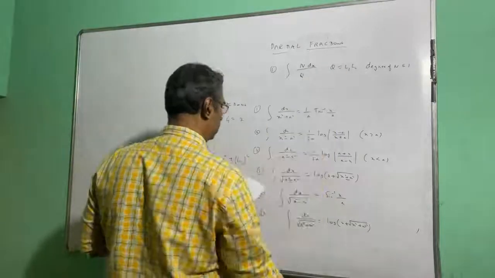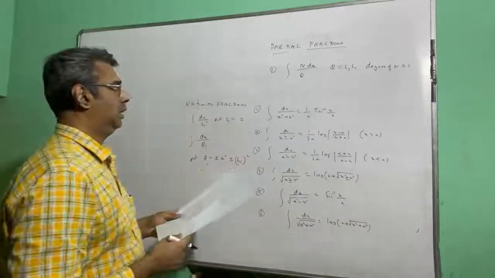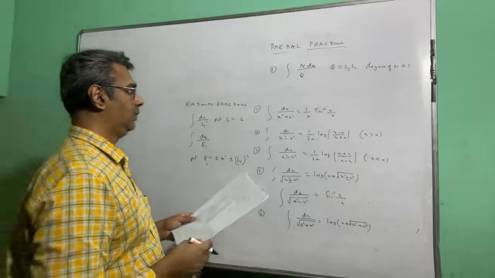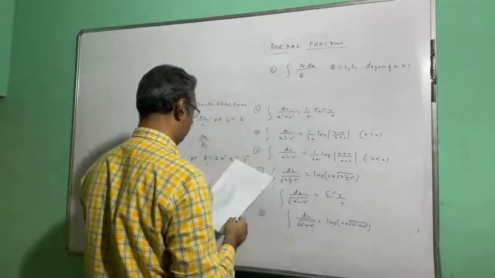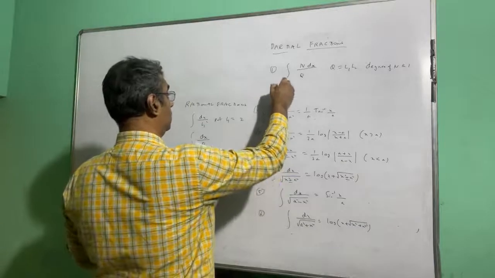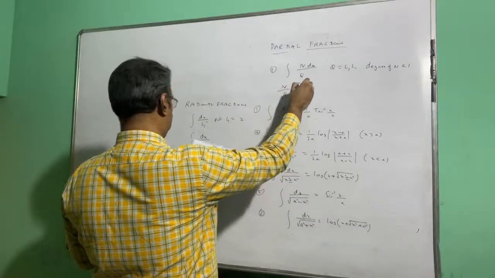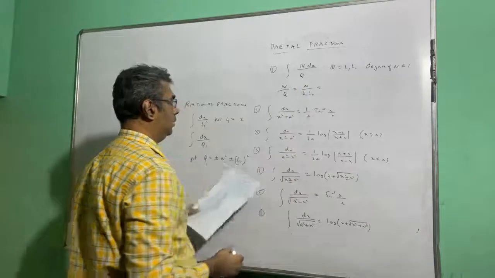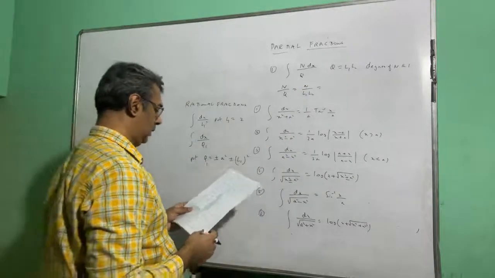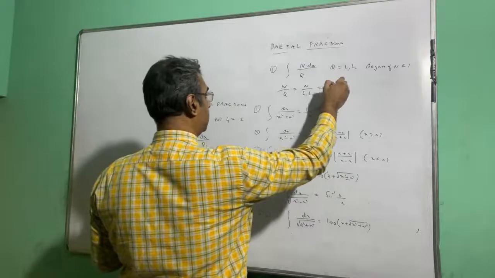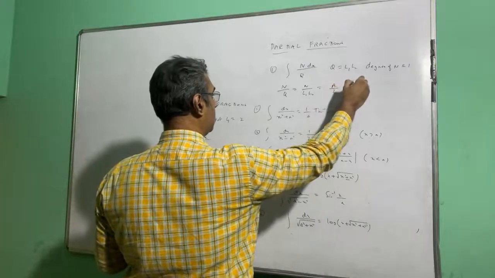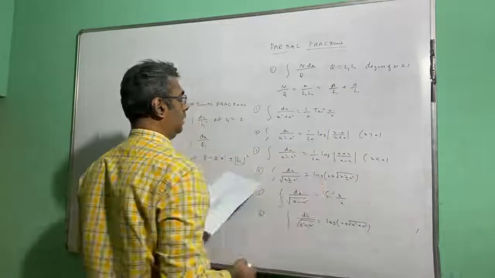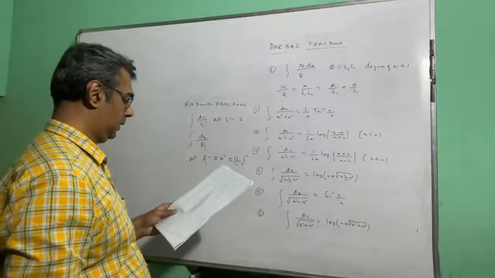So n by q, q is L1 into L2, and degree of the numerator is less than equal to 1. So the partial fraction for this will be n by q, that is n by L1 L2, that is a by L1 plus b by L2.